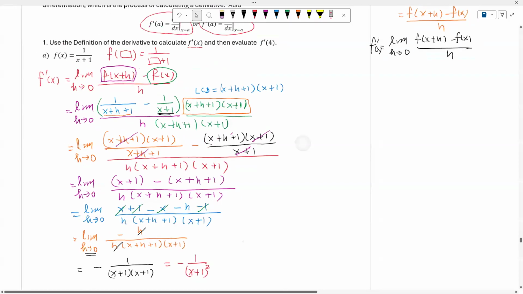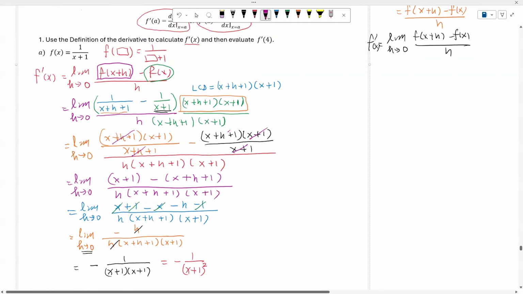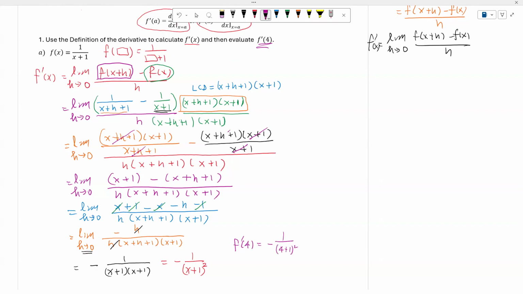Now, let's see, if I want to find f prime of 4, which is negative 1 over 4 plus 1 squared, is equal to negative 1 over 25 now. Okay. So my f prime of x equal to negative 1 over x plus 1 squared, and f prime of 4 equal to negative 1 over 25.